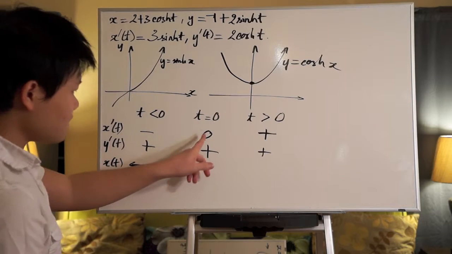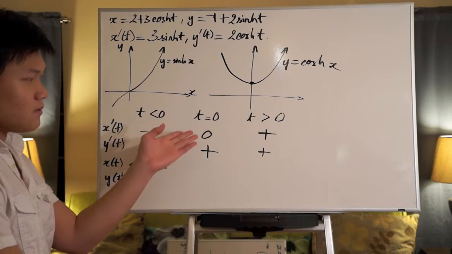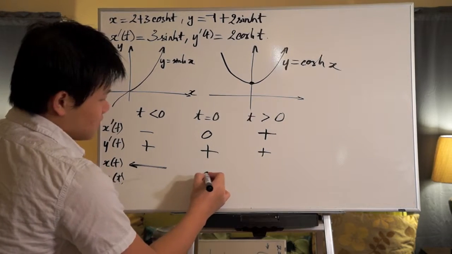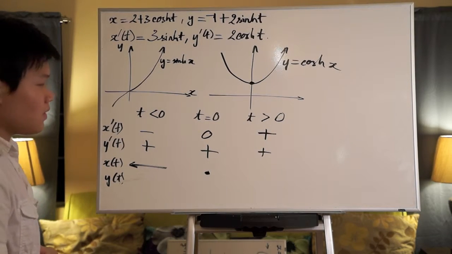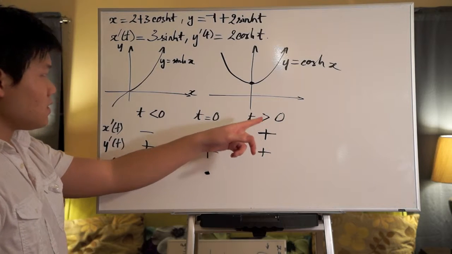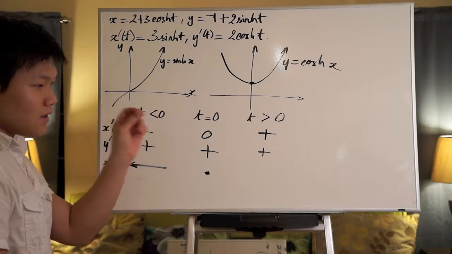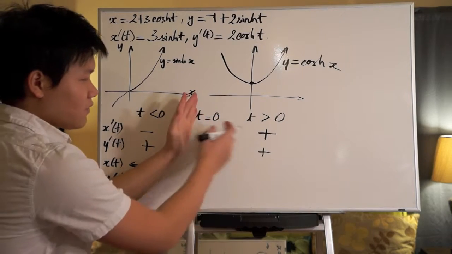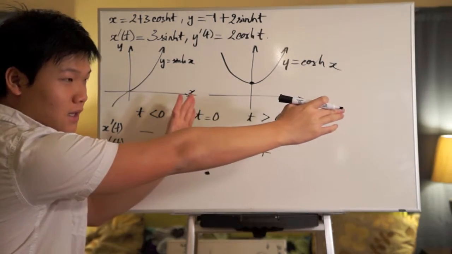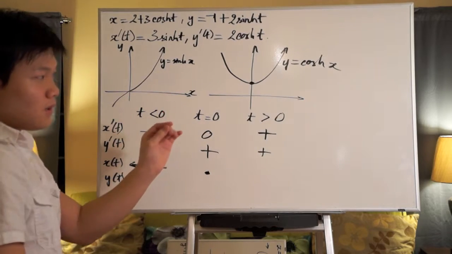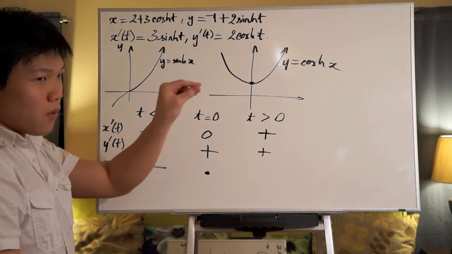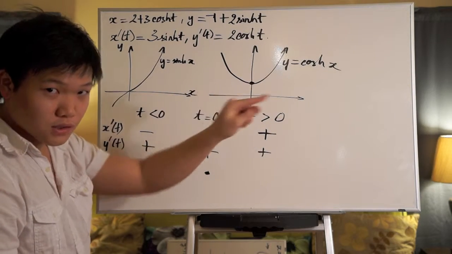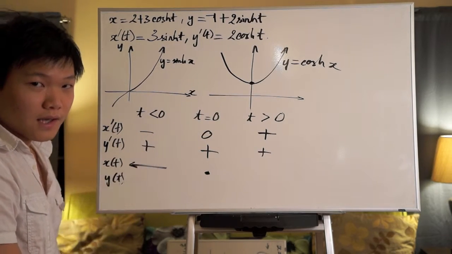Alright? For 0, what does it do when it's 0? It doesn't move anything, right? It doesn't do anything, so you stay there. Okay? So at t greater than 0, it's positive, meaning that whatever the time is within the interval from 0 to infinitely positive, that point will have its horizontal value keep going to the right.